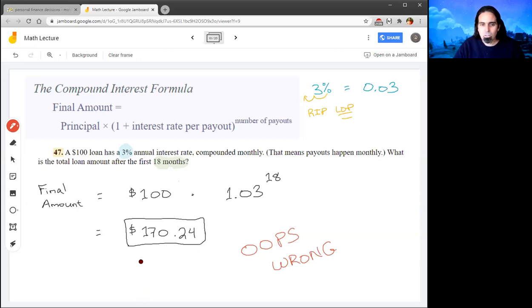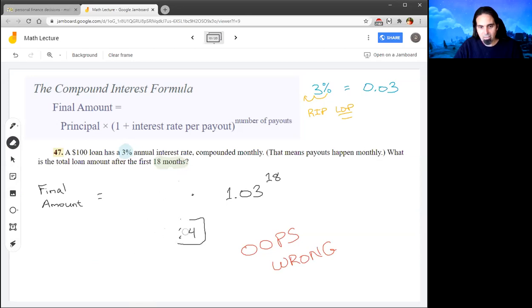Okay, what I did wrong, we don't pay all 3% each month, thank goodness. If your credit card has a 3% annual interest rate, then you don't have to pay all 3% every single month. That's sort of an overall throughout the year thing. So I'm going to just start all over. I'm sorry.